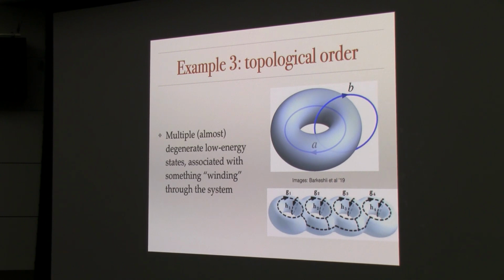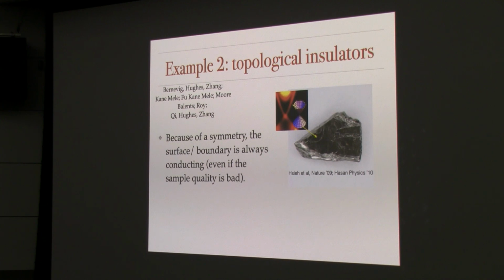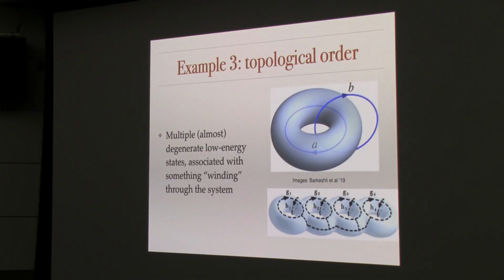The other ingredient that comes into our understanding of phases is topology. So, for example, maybe I don't have conducting surface states. Maybe I do, maybe I don't.